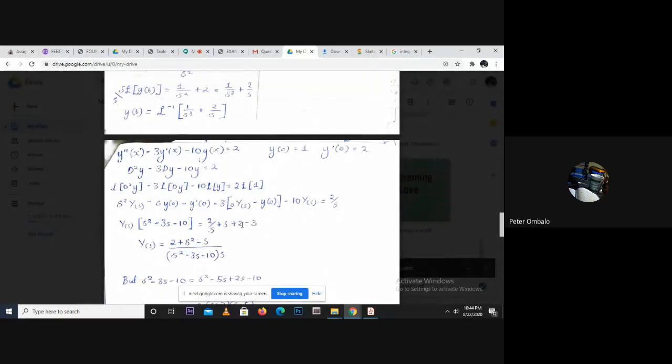Let's see what was happening here. Oh, yeah. So we have 2 over s plus 2 minus 3, which is minus 1. So we are going to first make all these terms have a denominator of s, right?